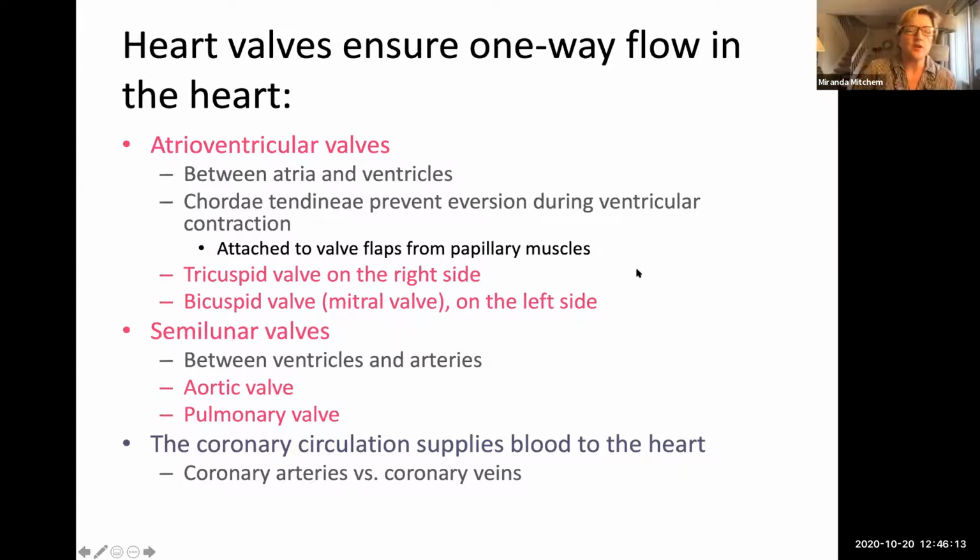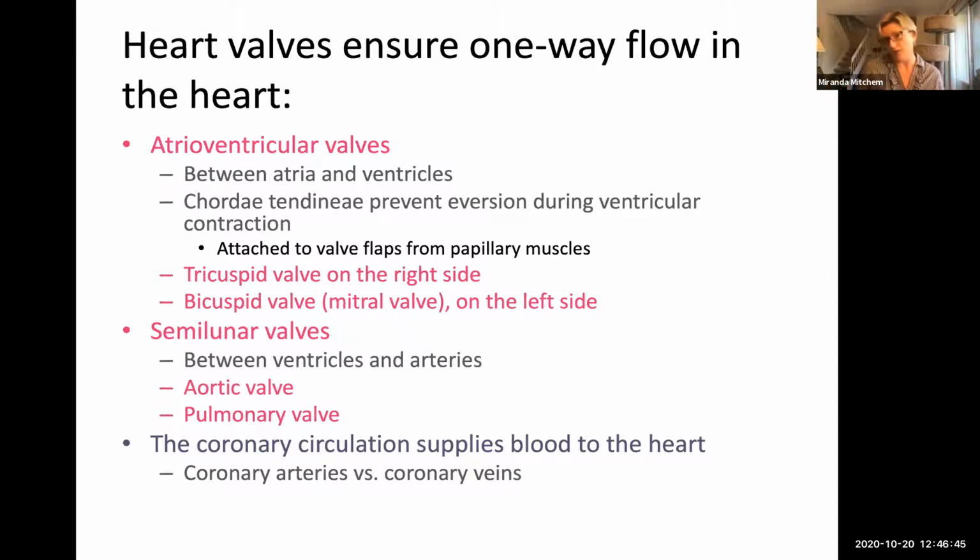So we've talked so far about the systemic circuit of blood. We've talked about the pulmonary circuit of blood. What we haven't mentioned is the coronary circuit. So we do have 3 circuits of blood. The coronary circuit is incredibly important because it is what supplies blood to the heart so that the heart can do everything, right? It needs a constant supply of oxygen and energy in order to function.